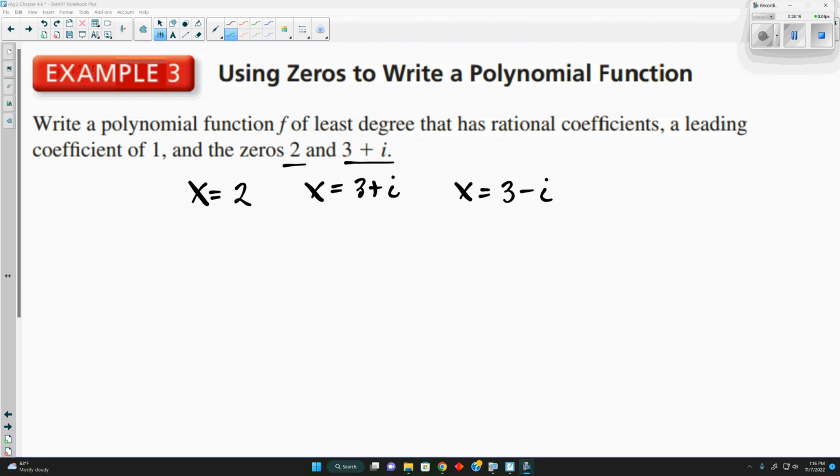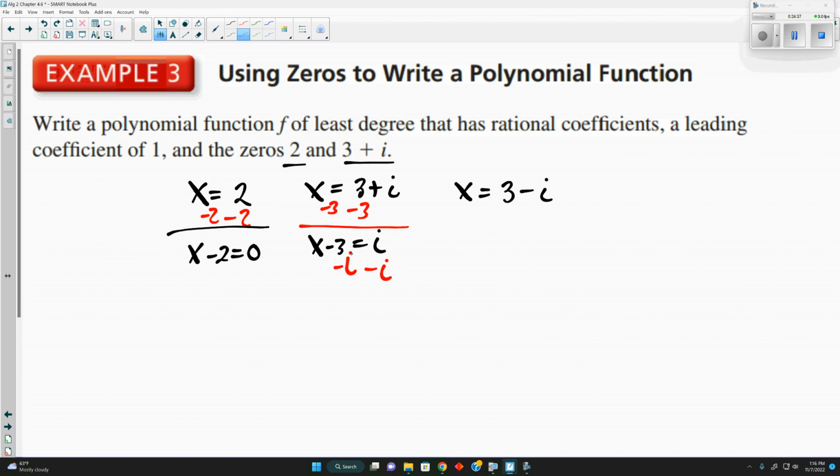The way is that we're going to move everything over and get them equal to 0. So here, subtract 2 from both sides. Get this here. Next one, we would subtract 3 from both sides, and we would subtract i. We get this here. Now, this last one's just the conjugate of the one we just did, yes?